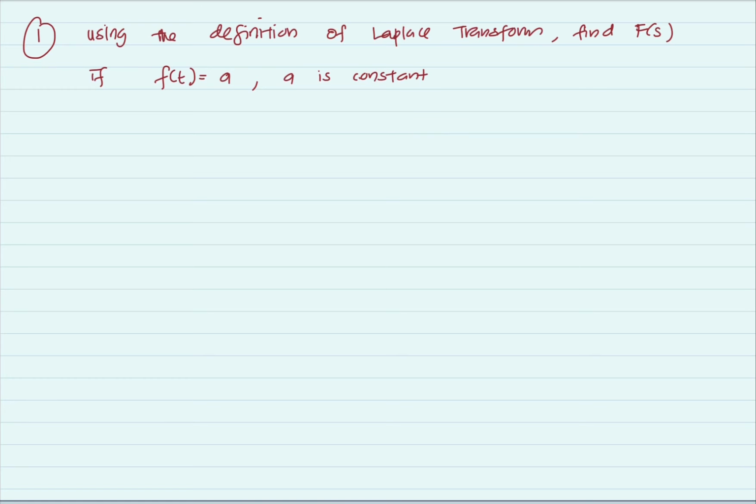So the question here is, using the definition of Laplace transform, find F(s) if f(t) is equal to a.